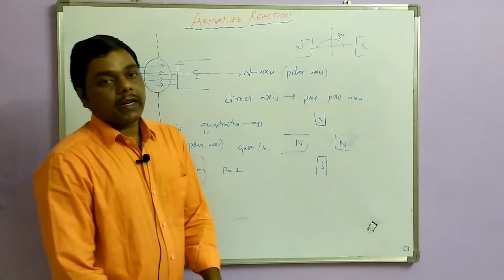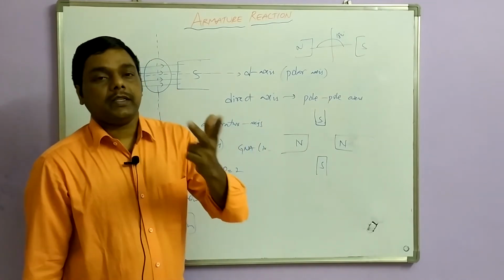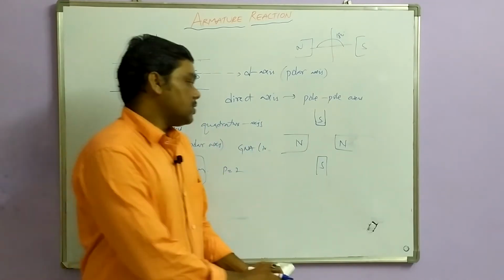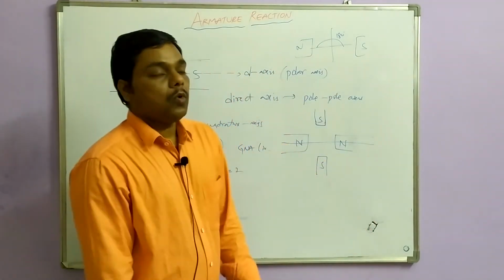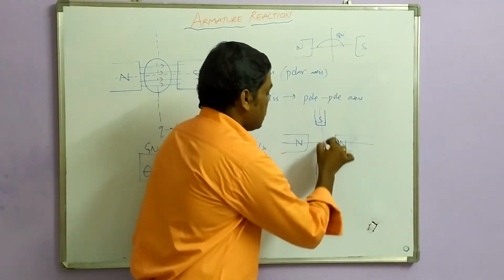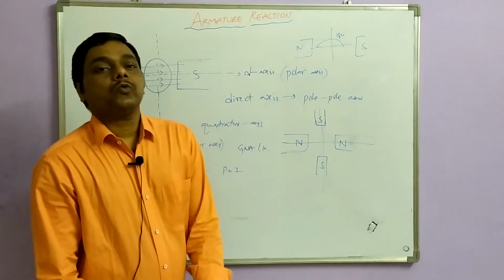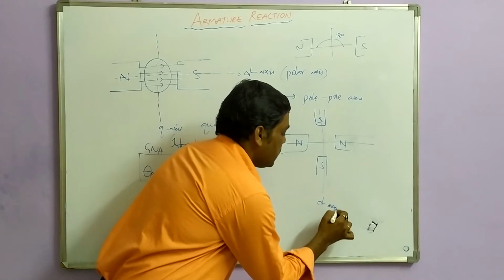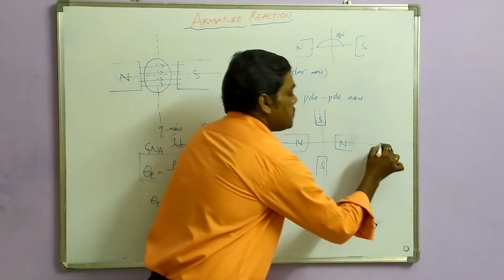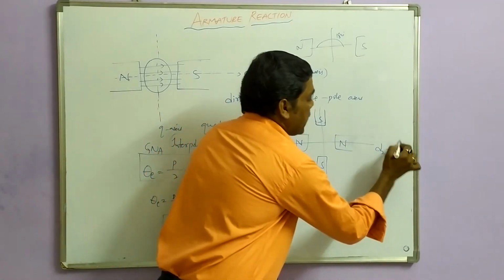Now, how many direct axes are there? There are two direct axes. This is one direct axis, pole to pole, and this is another direct axis. So two direct axes are there. We can call this the D1 axis, and this is the D2 axis.